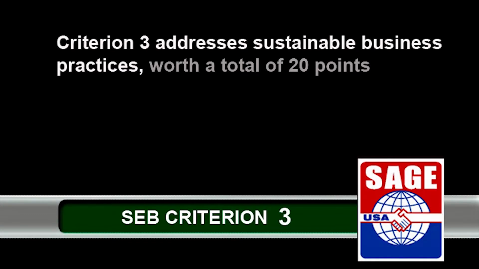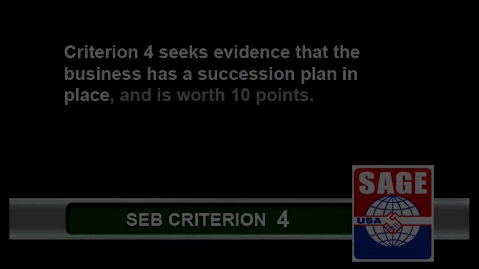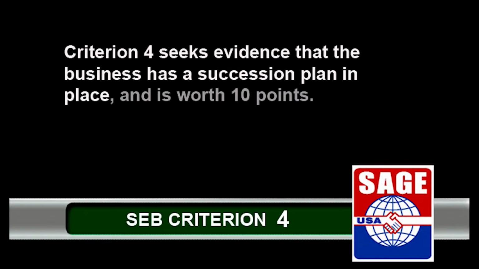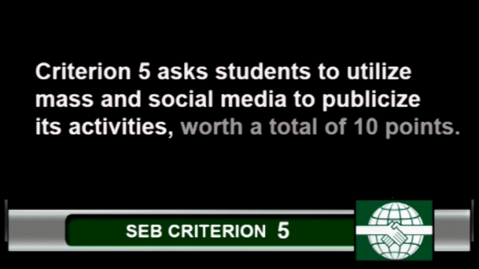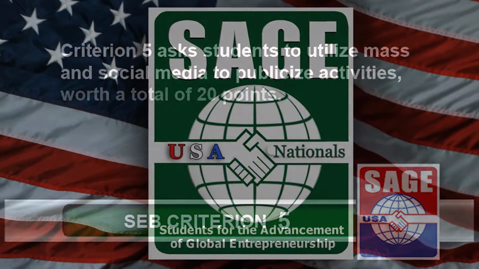Criterion 3 addresses sustainable business practices, worth a total of 20 points. Criterion 4 seeks evidence that the business has a succession plan in place, worth a total of 10 points. Criterion 5 asks students to utilize mass media and social media to publicize its activities.